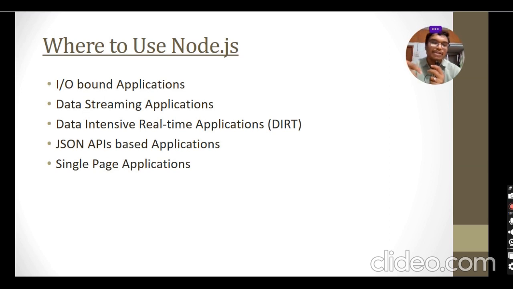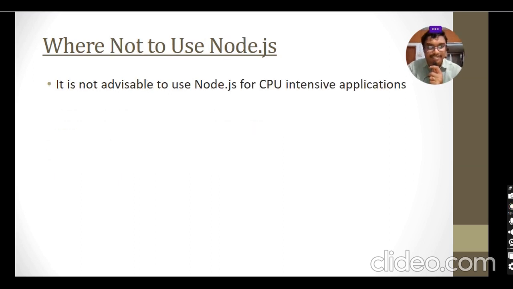If you are reading data and posting that data in JSON format, in those applications you can use Node.js. Single page applications too, like the game application we have seen, which is a single page application.